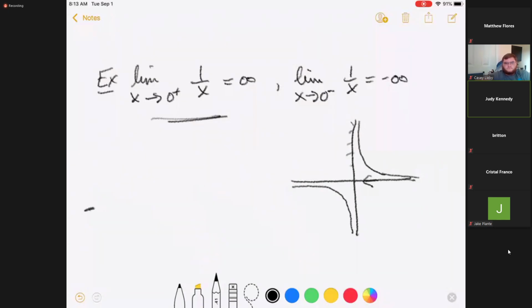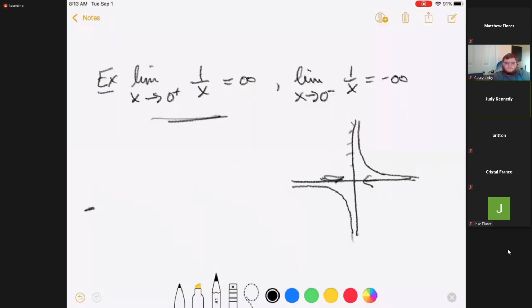And coming in from the left, so that's coming in this way, well, your f value is getting large in the negative direction. So the limit as x comes into 0 from the left of 1 over x is minus infinity.